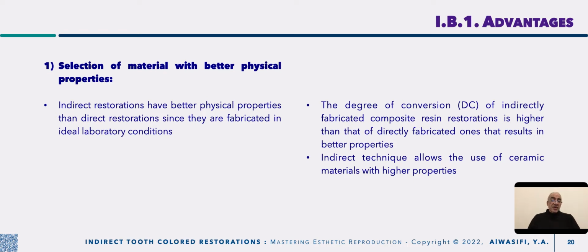The first advantage is that you are selecting a material with better physical properties. Indirect tooth-colored restoration, or indirect restoration in general, has better physical properties than direct one. When you are comparing gold as indirect restoration to amalgam, both are metallic restorations, you should mention that gold is a high strength material in all types of strengths.